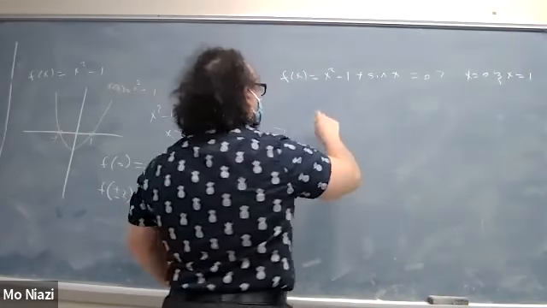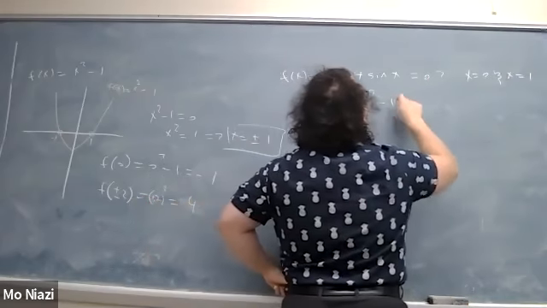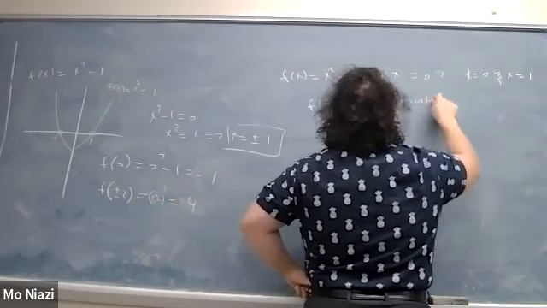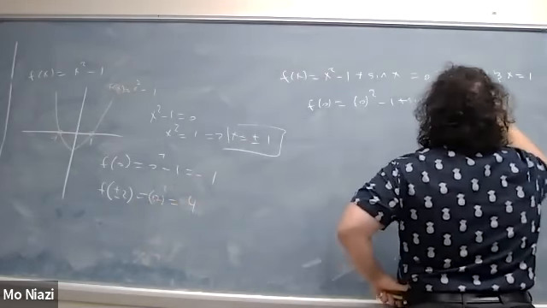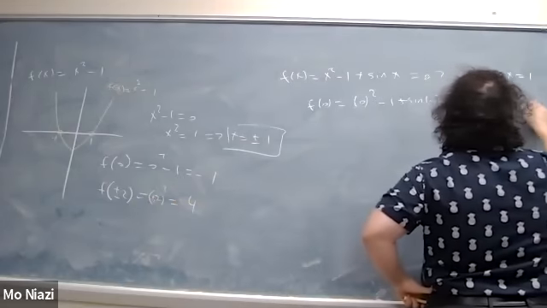Well, let's evaluate the function at f of 0. Sine of 0 is 0, so this ends up equaling negative 1.